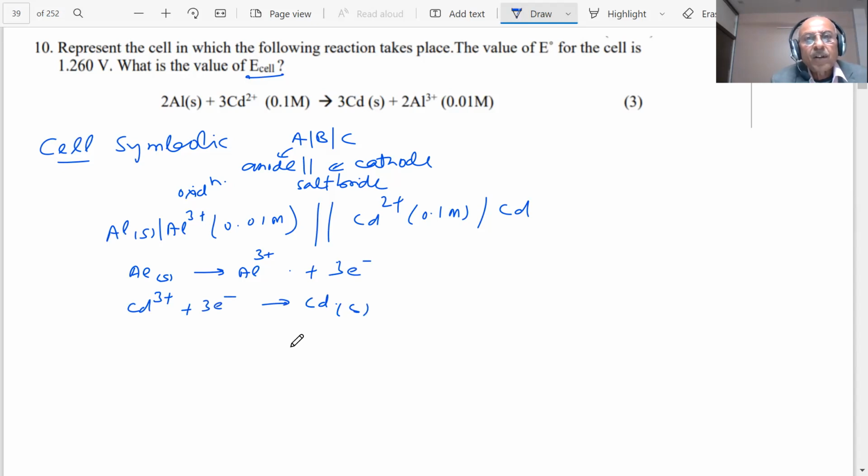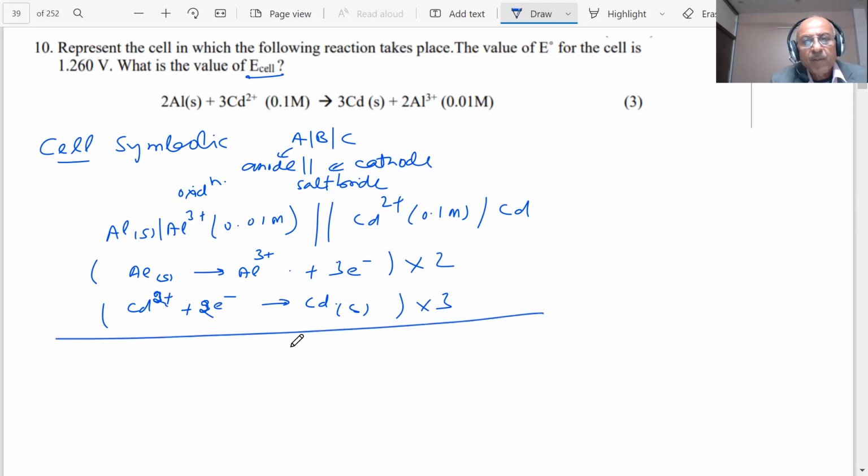Now 3 and 2 electrons, you have to cancel the electrons, multiply this by 2, multiply this by 3. Then what will be the final equation? So this 2 aluminium plus 3 cadmium 2 plus will produce 2 Al3 plus and 3 cadmium solid.